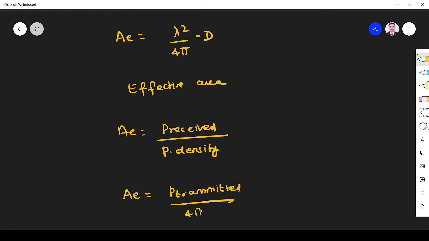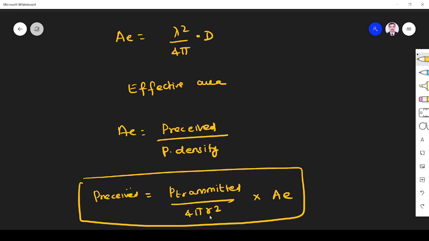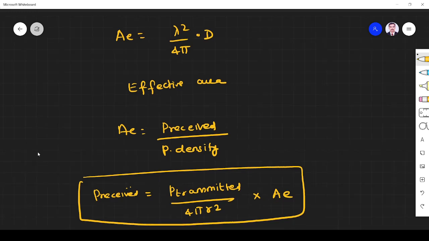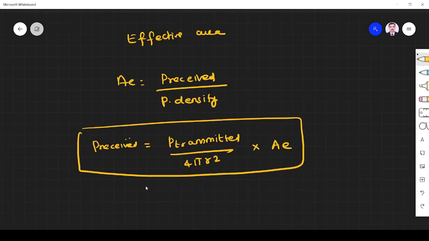Power received is equal to P transmitted by 4 pi r squared into AE. For 4 pi r squared area, the surface area of the sphere, this much power is transmitted; for AE, how much power is received. That is the thing we are talking about.